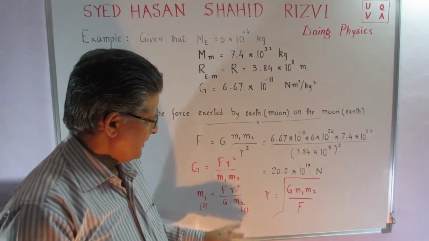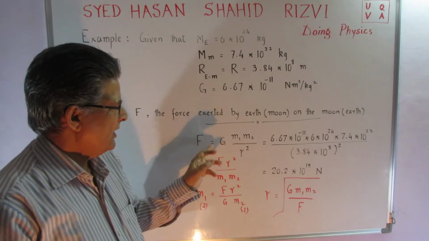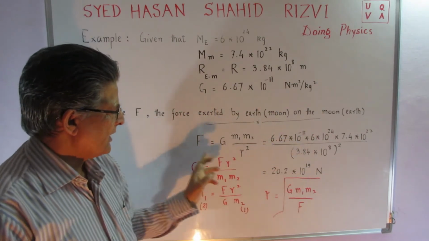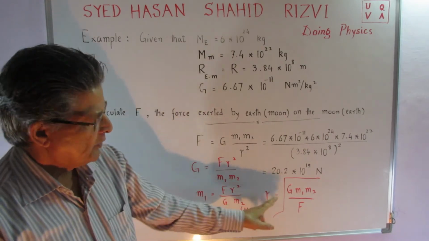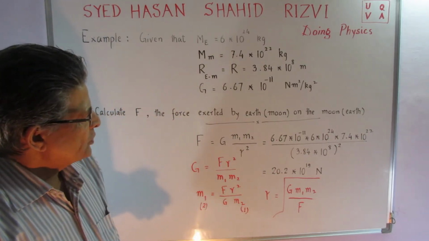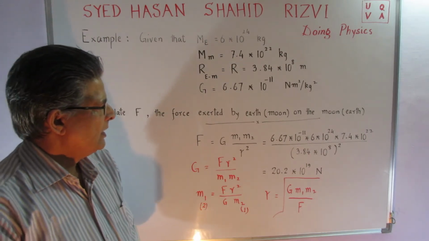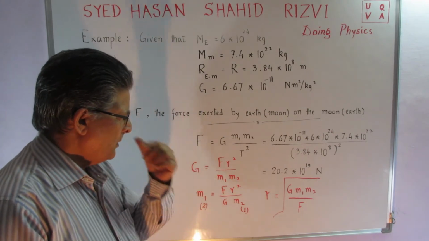So from one formula I have calculated the value of F, and I have got 4 other formulae which are derived from that. This is how things are done.